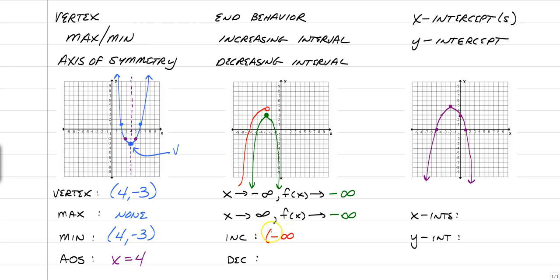Here's your notation. When we're talking about interval notation, a parenthesis means that negative infinity is not included because you can't get to negative infinity. And it stops increasing at -3. So this graph increases from negative infinity to -3, and of course we're talking about our terms in x.